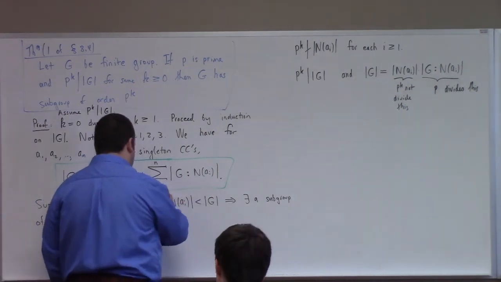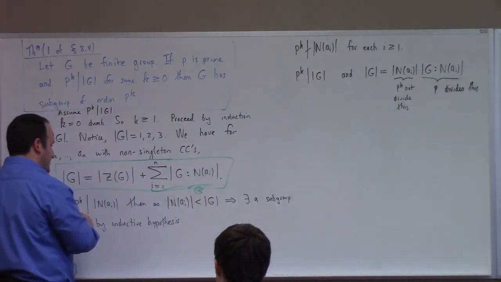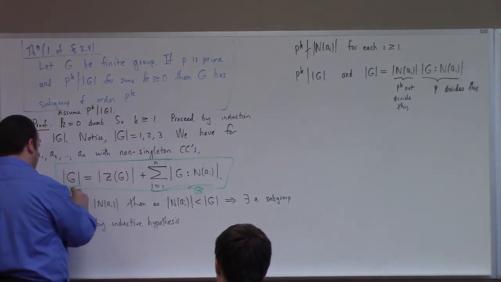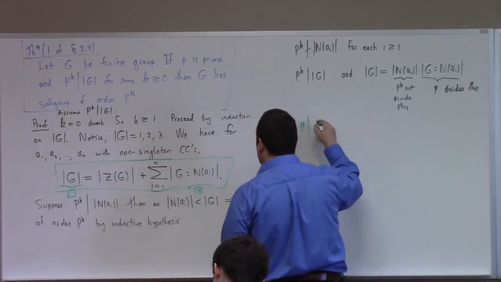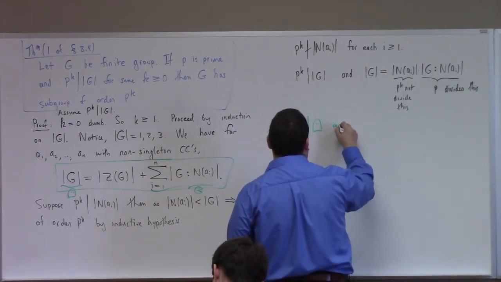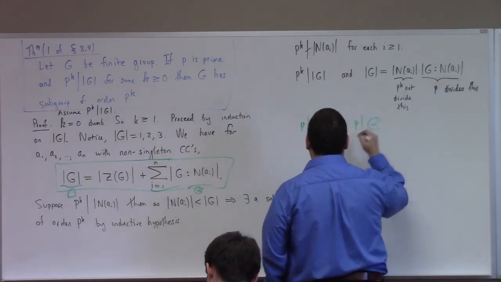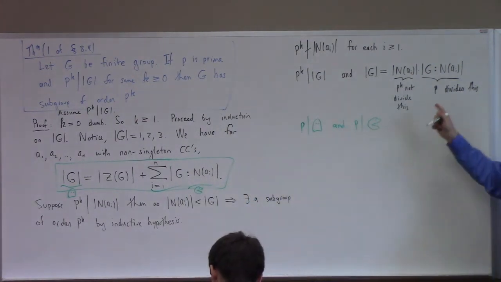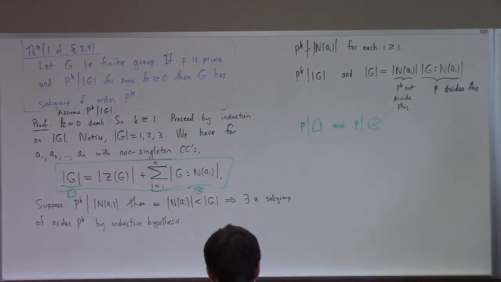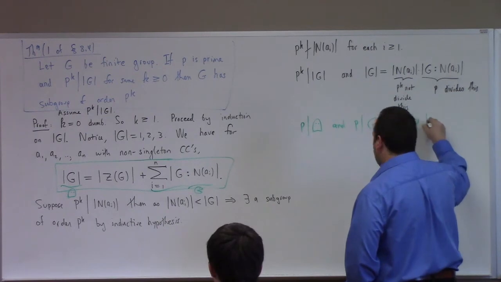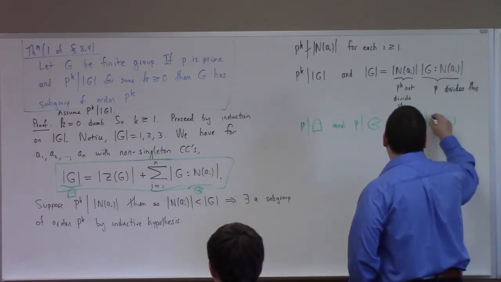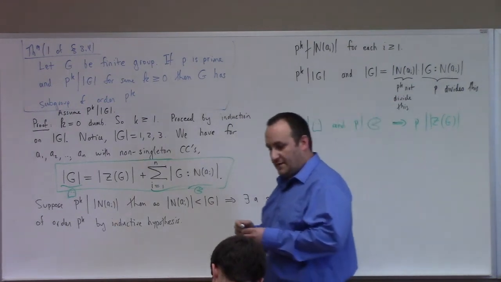Right, so if I call this thing Pac-Man, and if I call this thing Ghost, of course p divides the Ghost, and p divides the Pac-Man, because if it divides each thing in the sum, this holds for arbitrary i, and a sum of things divisible by p is again divisible by p, right? So that means that by the class equation, p must divide the order of the center, right? But the center is abelian.